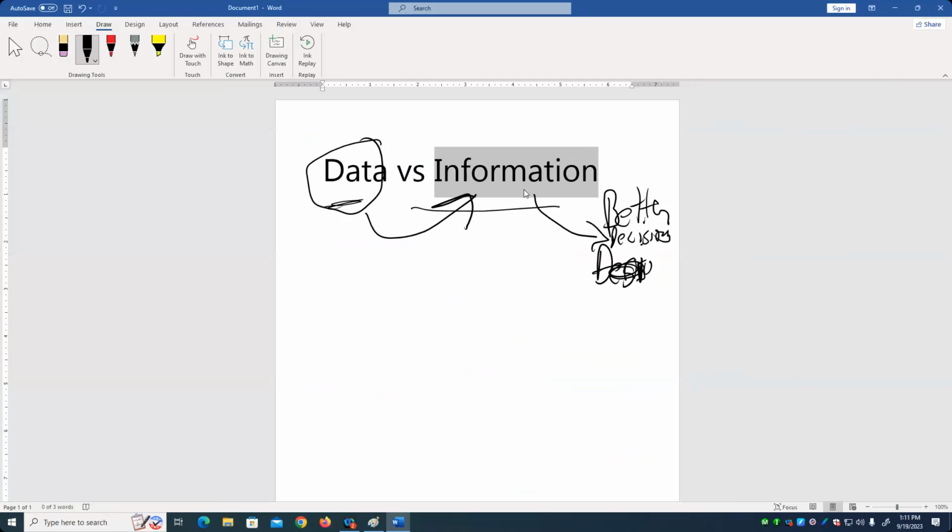And therefore, in the old days, they used to call this field data processing. The newer term for it, newer as in probably the last 30 years, is information technology. The name change isn't just a name change. It is a meaningful name change.